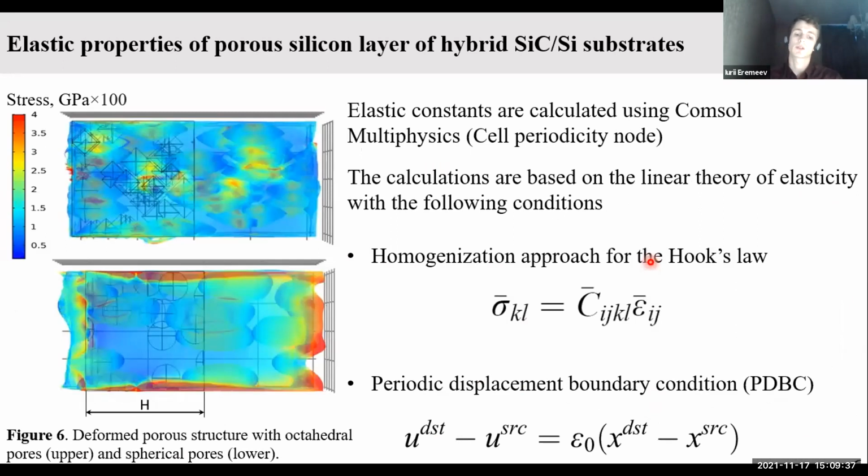The elastic properties of the porous layer are determined by finite element analysis in the frame of COMSOL Multiphysics. The algorithm is based on the homogenization approach. The elastic constants of the heterogeneous material are determined by Hooke's law in the following form, where C is the matrix composed of the elastic tensor components of the heterogeneous material. Sigma and epsilon are obtained by averaging over the deformed cell volume.